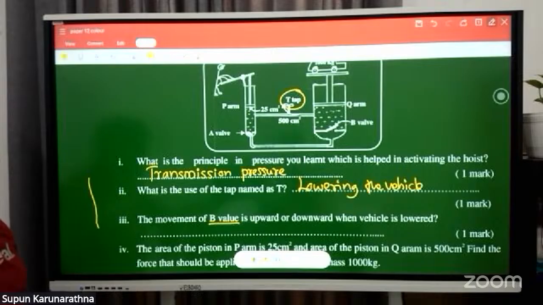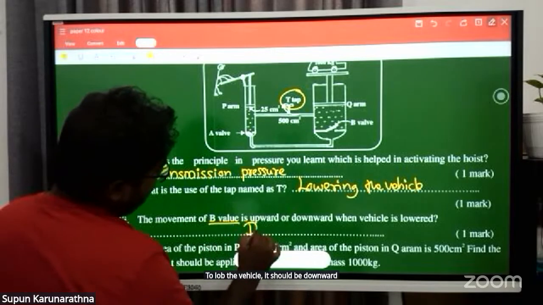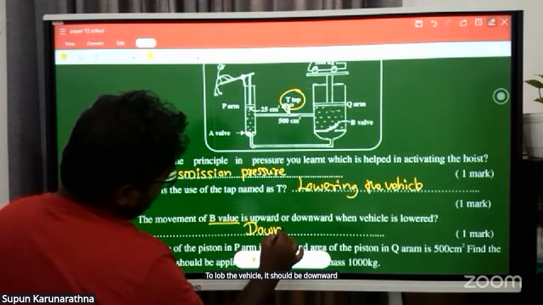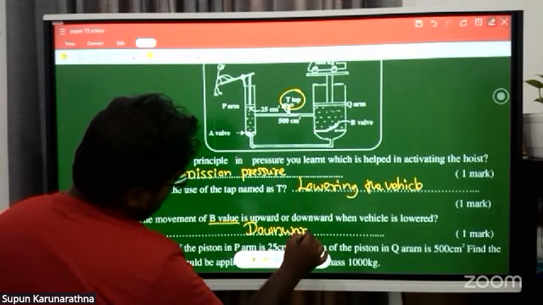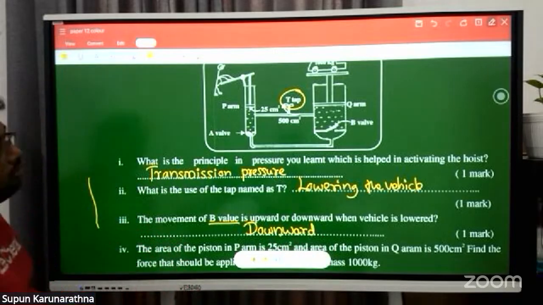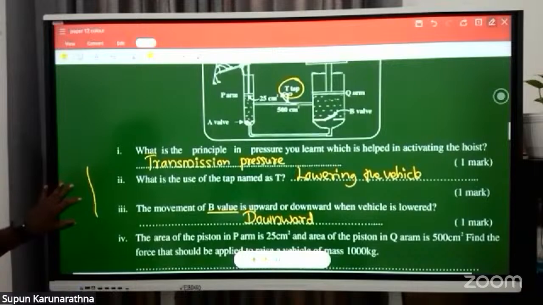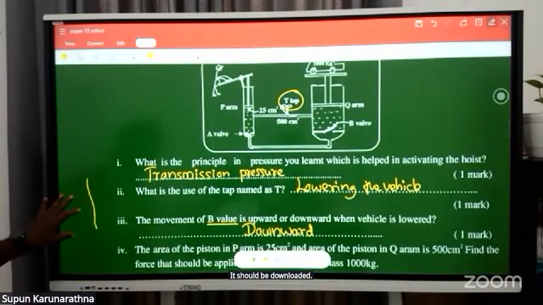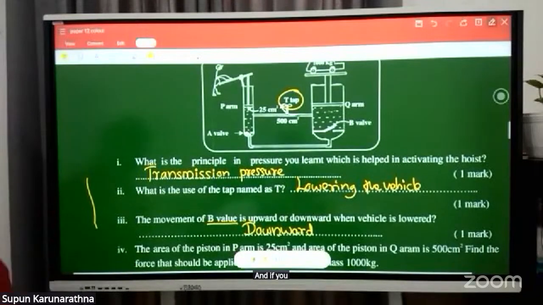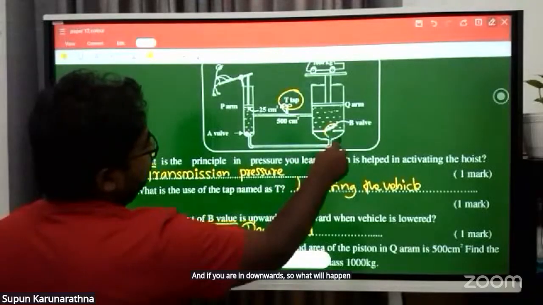To lower the vehicle, it should be downward. And if it is downward, what will happen? Here it is closed, no? Totally in this region.